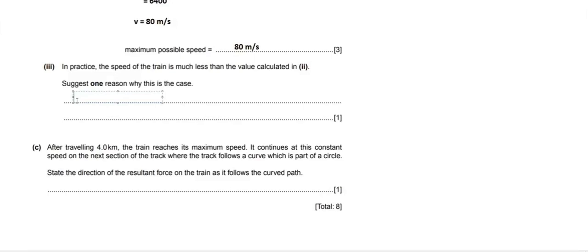Due to the work done against the friction, the speed is actually less, because there is friction, and work is done by the friction as well, which reduces the speed. Or you can also write down some energy is converted into thermal energy as well. That is also okay with this question.